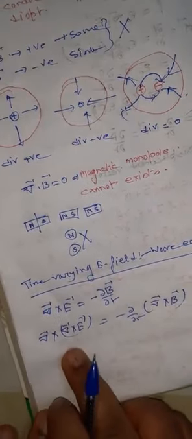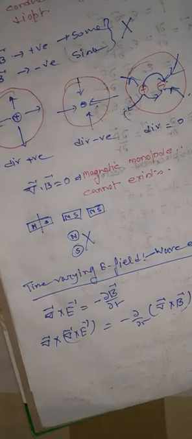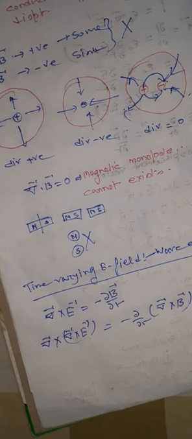Now curl of curl of E is an identity. You can go back to your first chapter, in the vector chapter, where I have written something like 12 identities.